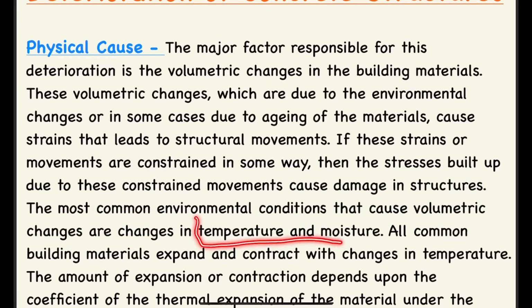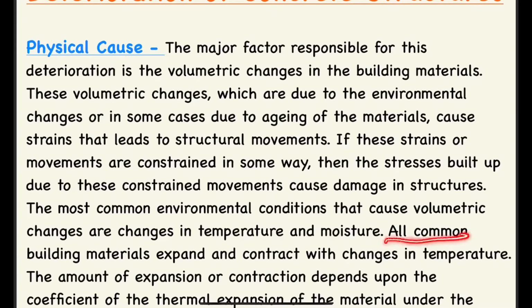So these environmental changes are happening because of what? Temperature and moisture. So just remember, in civil engineering, temperature and moisture is considered to be a physical factor, and it is a physical cause of deterioration of concrete structure.